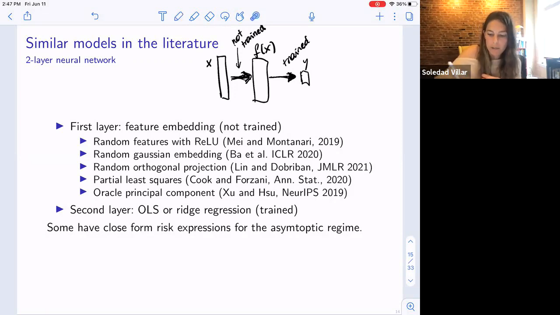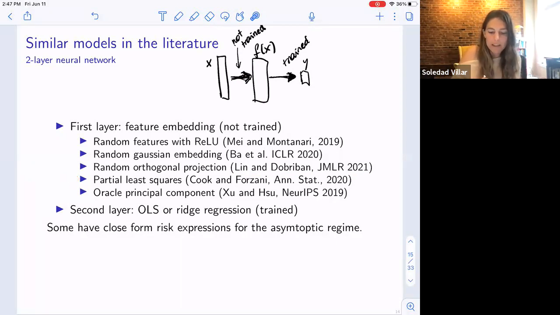It has all the analysis in the regularized and unregularized regimes of what happens if you do a random orthogonal projection in this layer, and then use that for training the regression. As far as I know, there's no analysis for the partial least squares model.